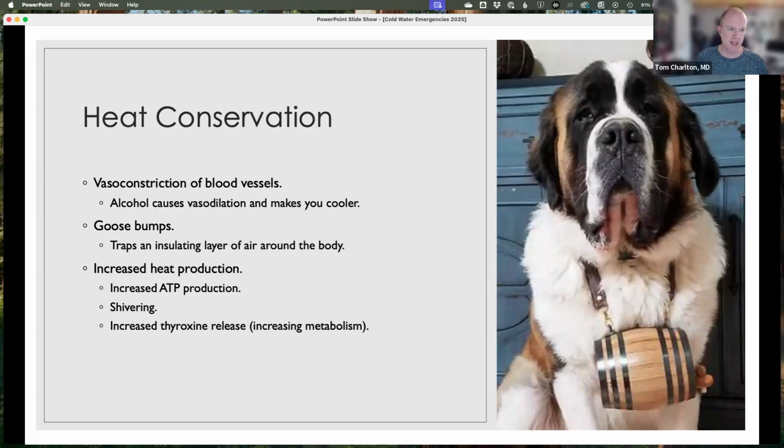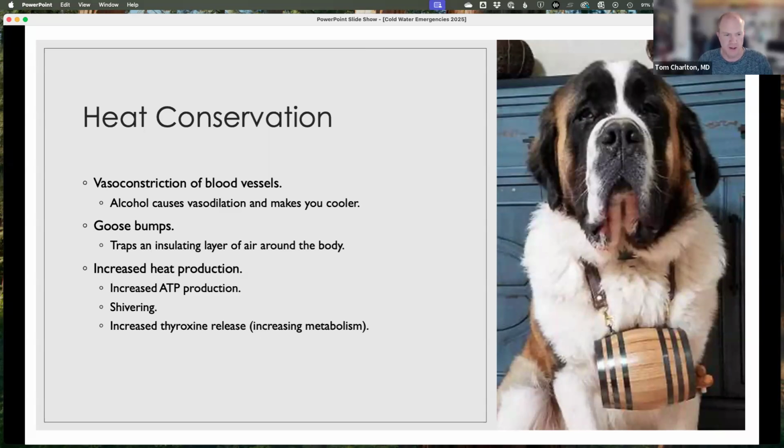Additionally, our body is going to begin producing more heat in an attempt to stay warmer. It's why the patients that are out skiing all day or are mountaineering and things like that require thousands of calories of food a day, and it's because a lot of that energy is just being burned to keep warm.